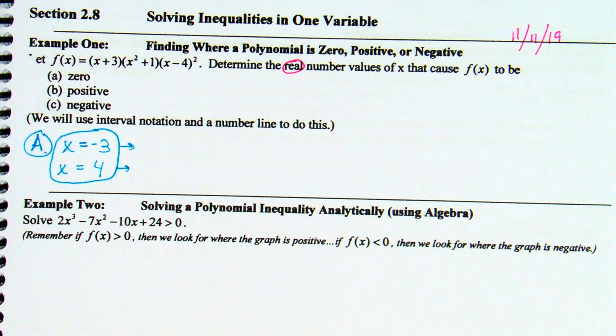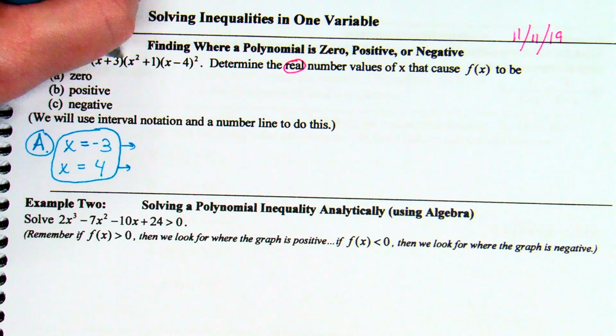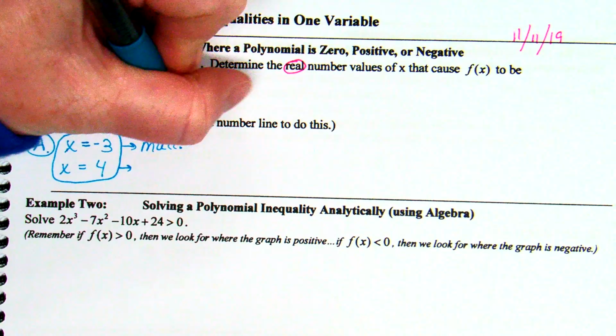How do we get our multiplicity? The powers, right? If you look at x plus 3, there is no exponent. It's an invisible exponent of 1, so that has a multiplicity of 1. At x minus 4, there's a power of 2, so that has a multiplicity of 2.